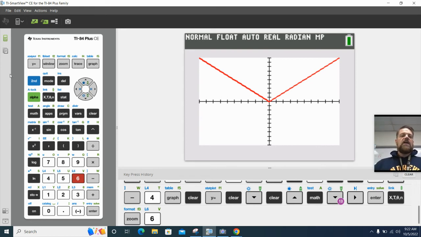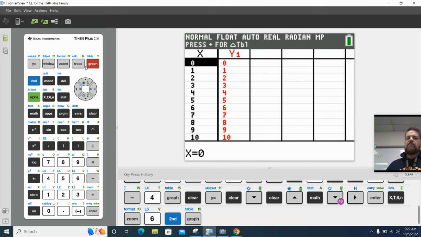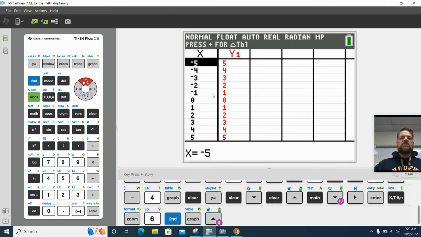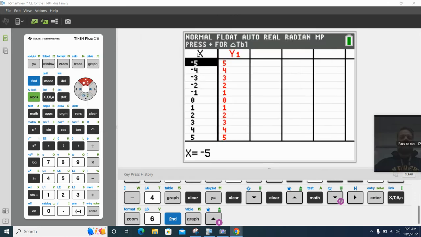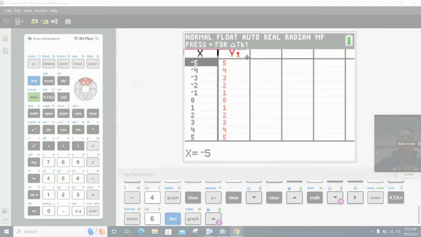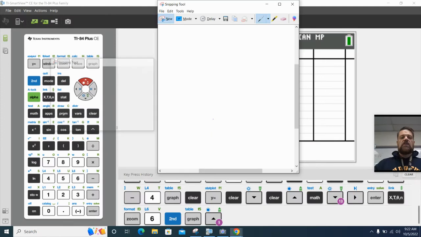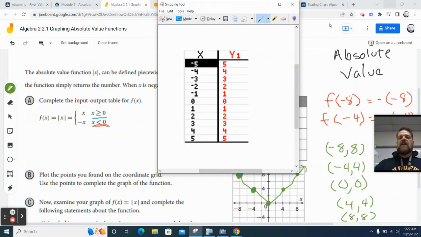Go ahead and hit second table or second graph button. And as you can see, this is the interesting thing here. What they do is they just take the positive and negative X values. And so one misconception, and I'm going to copy and paste this over here on my notes.